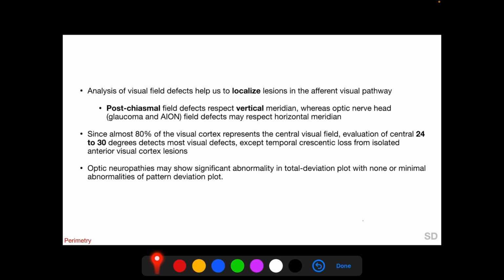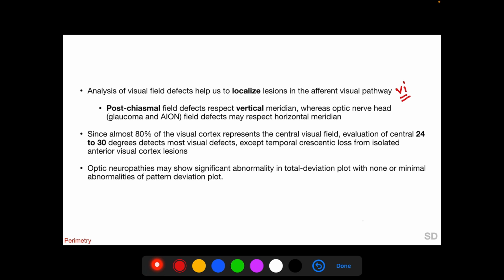Analysis of visual field defects helps us to localize lesions in the afferent visual pathway. This is very important. We have already discussed in a previous session that post-chiasmal field defects respect the vertical meridian, whereas optic nerve diseases such as glaucoma and acute ischemic optic neuropathy have field defects which may respect the horizontal meridian.